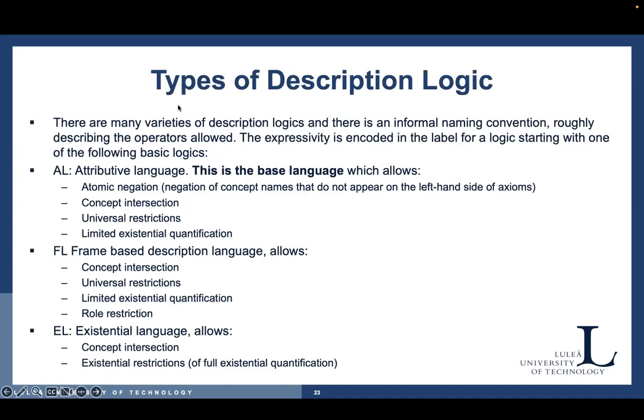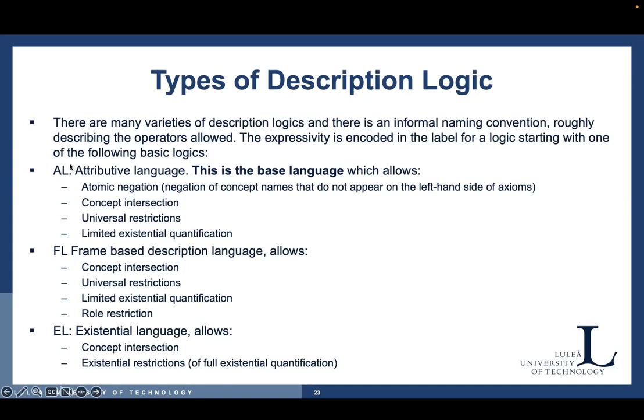And then description logic can come in different flavors depending on the complexity of situations that it can describe. All these different flavors of description logic are encoded with letter combinations, which I listed here.